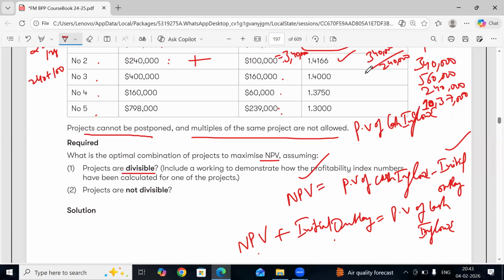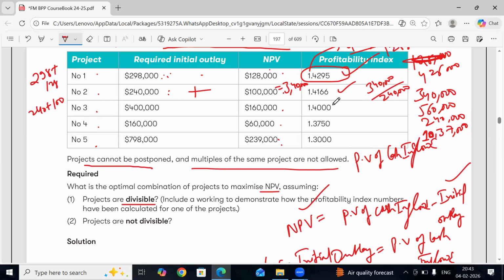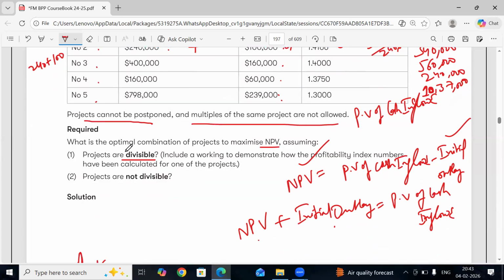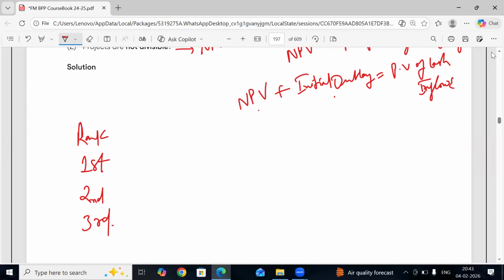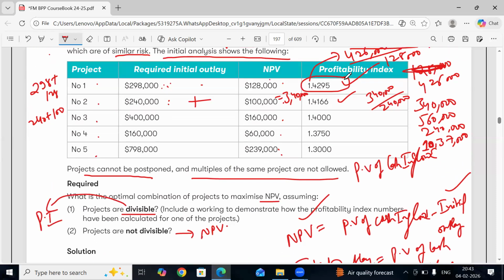Very clear. For divisible, profitability index; for non-divisible, NPV should be taken as ranking. So I'm taking divisible first.